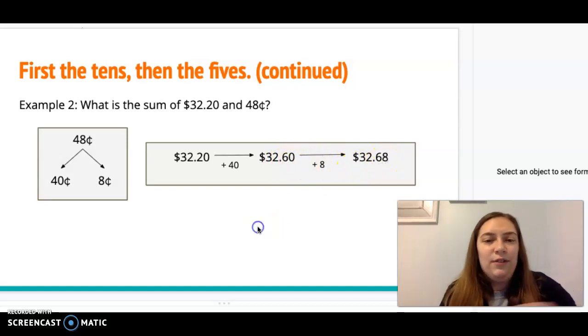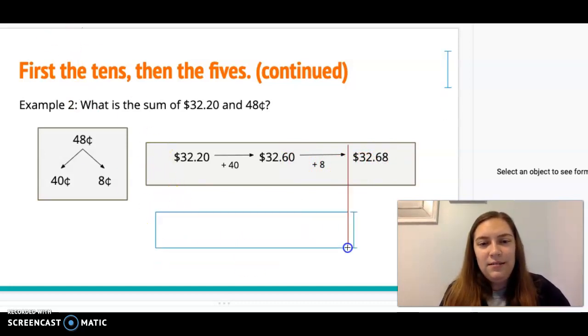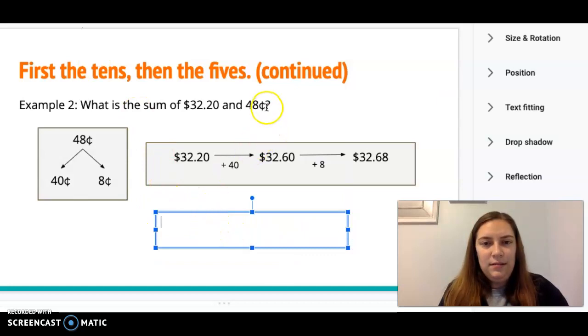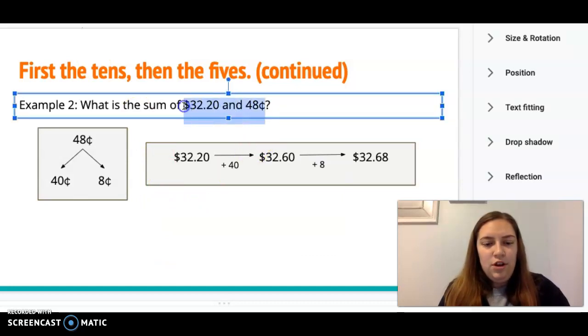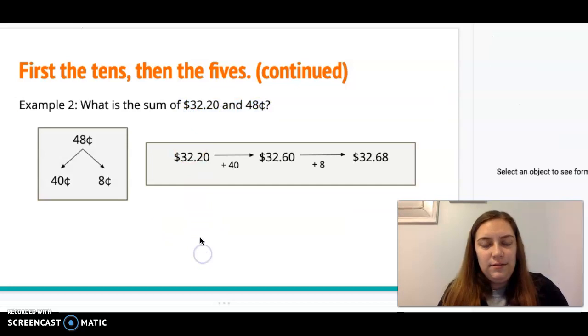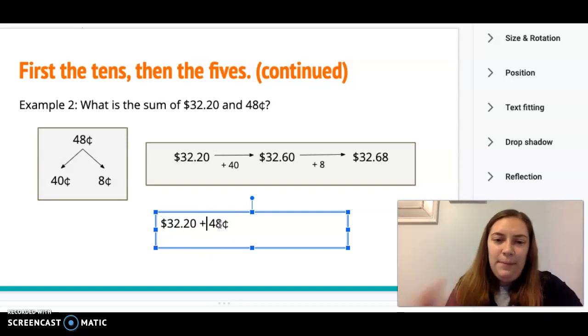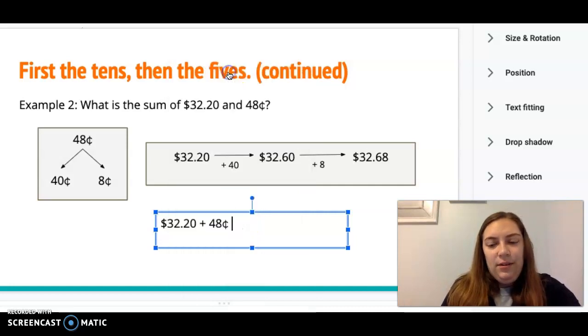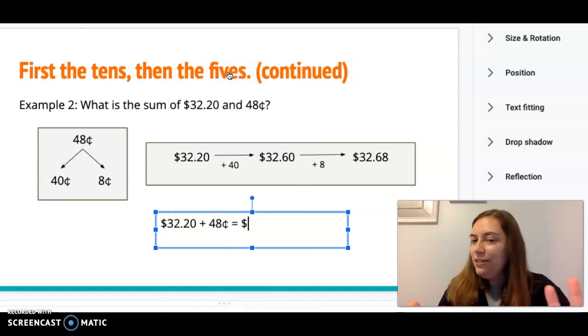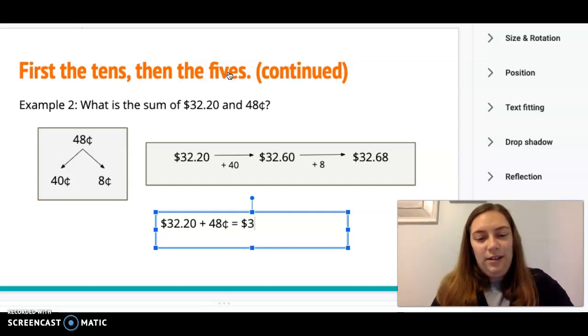So my answer for this one, make a little text box right here. Highlight this. $32.20 plus 48 cents is equal to, don't forget my dollar sign, $32.